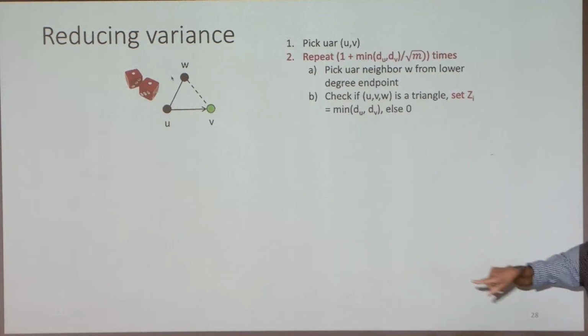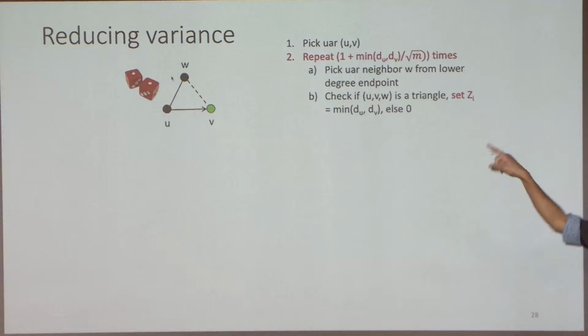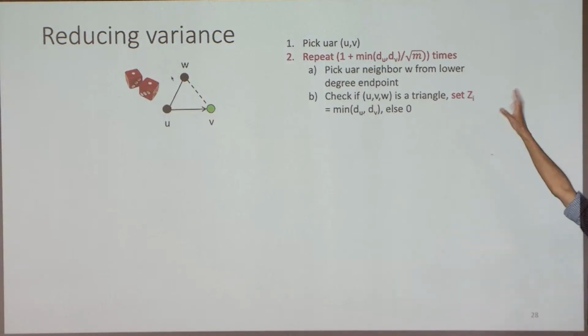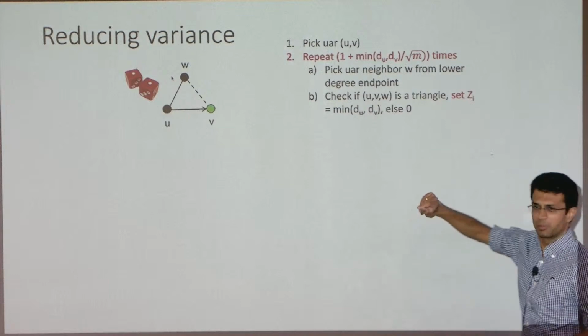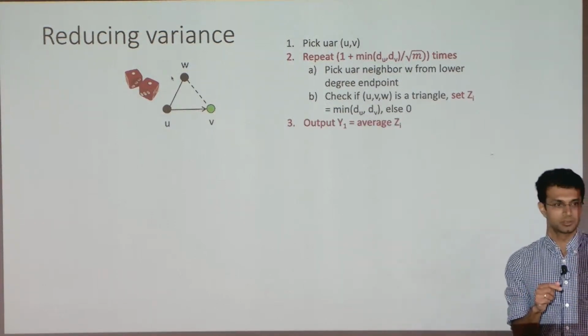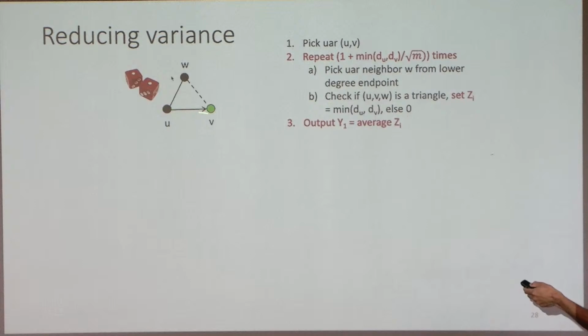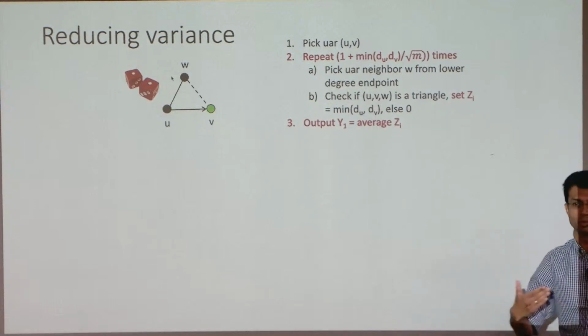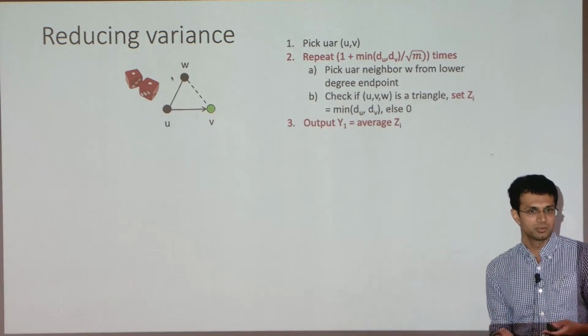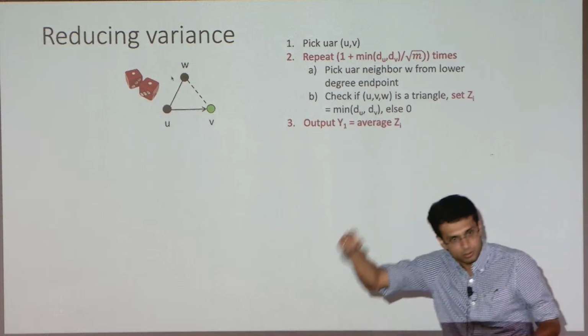I'm going to actually repeat this procedure min(du, dv) divided by root m times, and then take the average. So if this min(du, dv) is large, I'm going to repeat it more times and use it to cut down the variance. And if min(du, dv) is less than root m, then I just need to do one repetition. But if it's more, I'm going to do more repetitions of it.